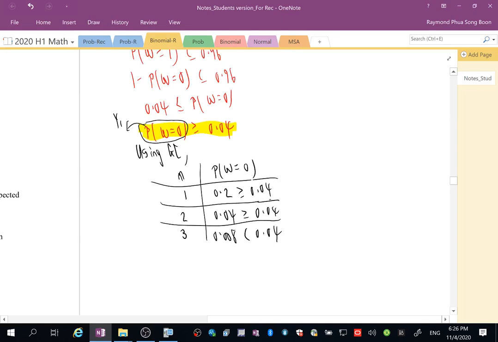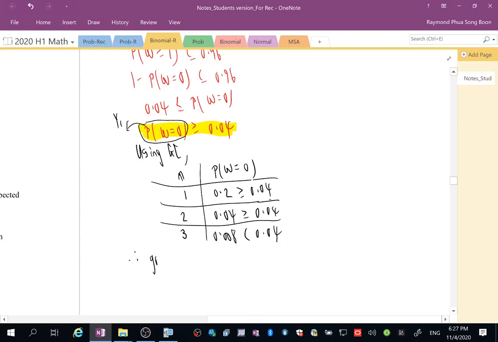So 0.04 is still greater than or equals to 0.04, because 0.04 is exactly equals to 0.04. So therefore, where m equals to 2, the left hand side probability value still satisfies the inequality. But when m equals to 3, the left hand side probability value is 0.008, which is less than 0.04. So m equals to 1 and m equals to 2 both satisfy this inequality.